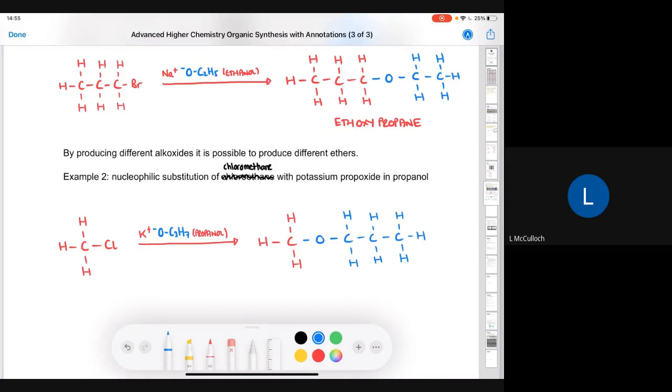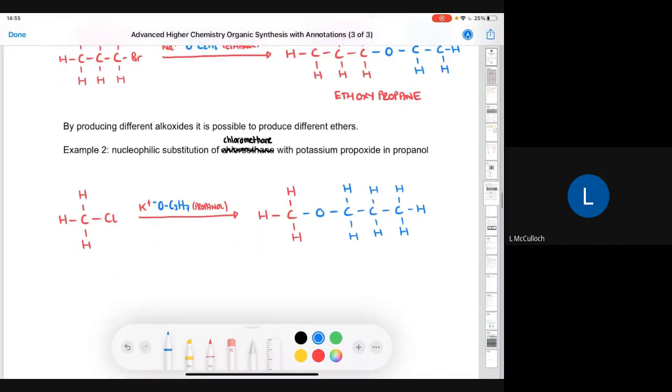So when we're substituting, we don't just need to substitute one atom for another atom or even 2 atoms. We can do quite a large substitution, and that has given us a different ether. Now in this reaction, the potassium and the chlorine will just come together. So we'll pop in plus KCl.